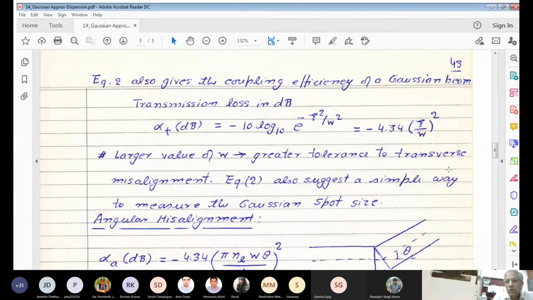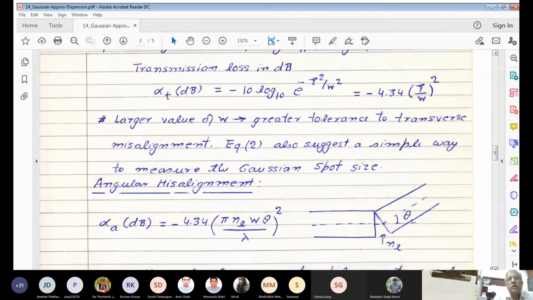Well, that is true, but there are other things also. Later we will discuss bending loss in optical fiber, and you will find that the larger the Gaussian spot size, the larger the bending loss.